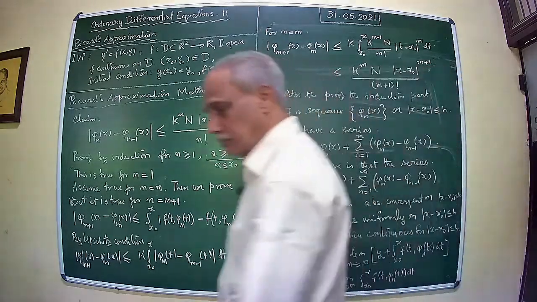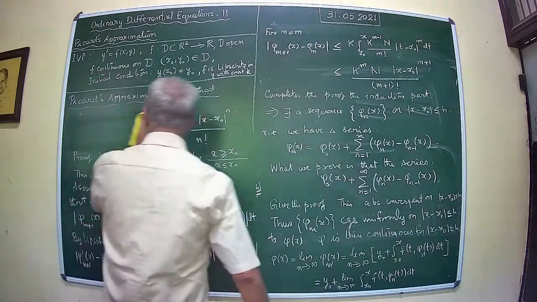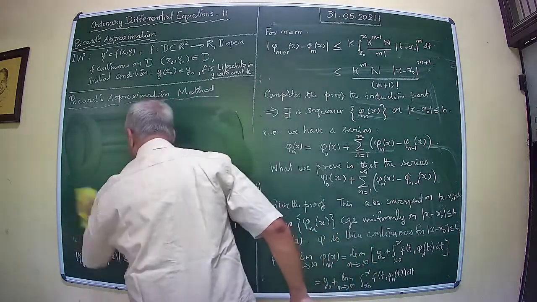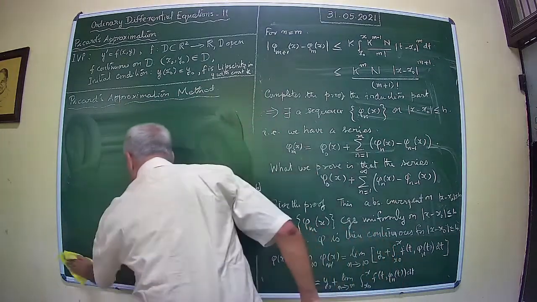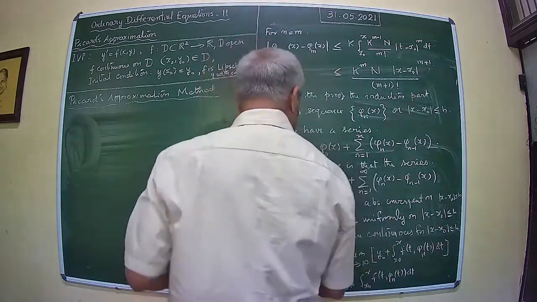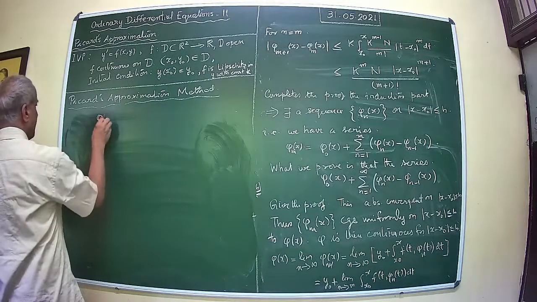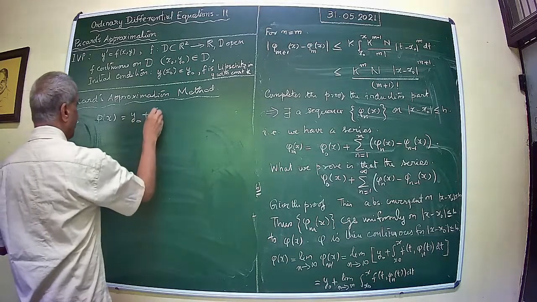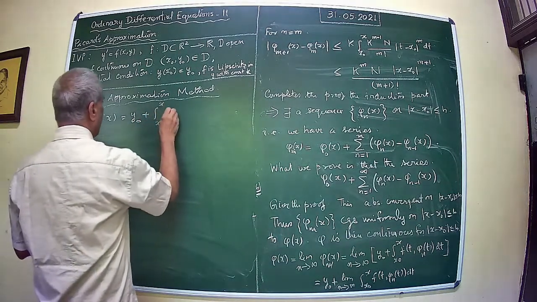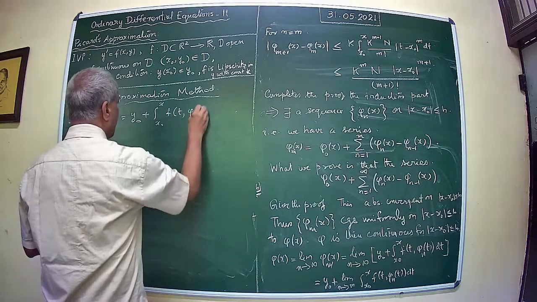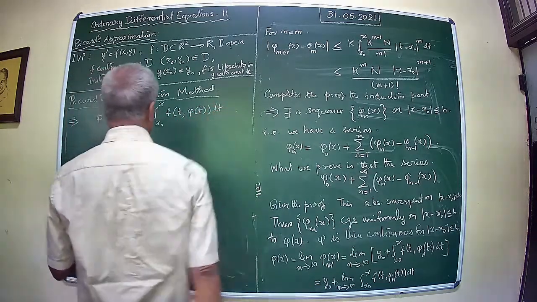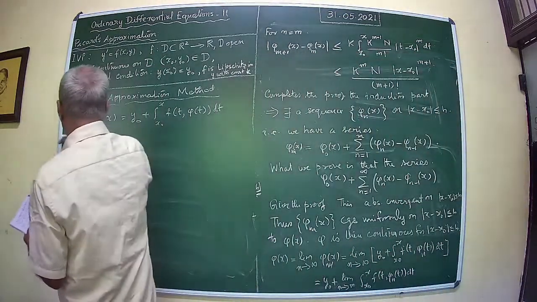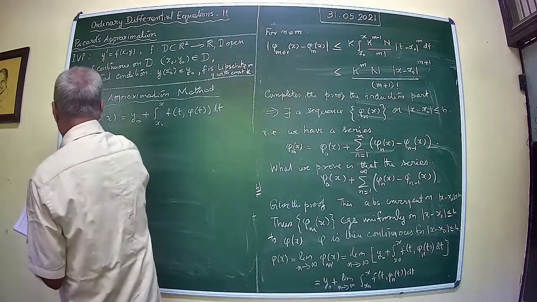Therefore, you are eventually getting the relation that this is equal to, so uniform continuity and the fact that this is a bounded interval, everything goes through.